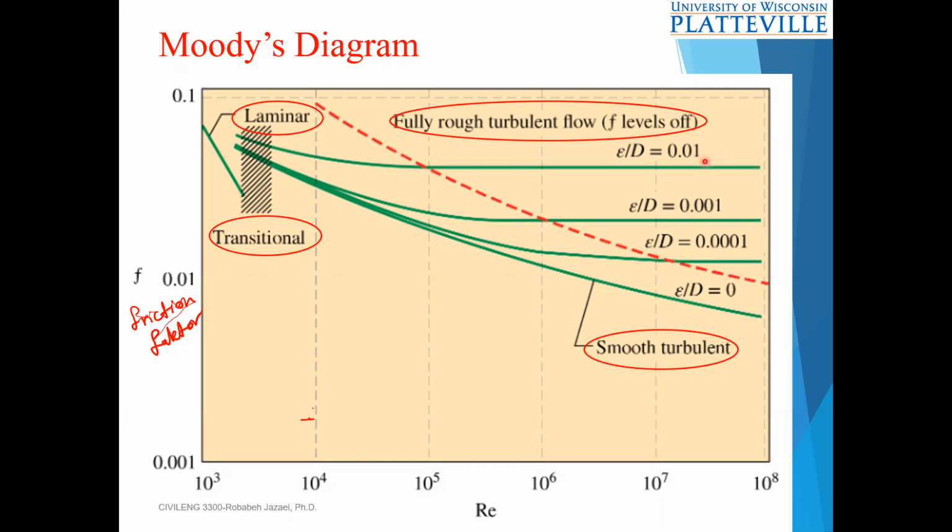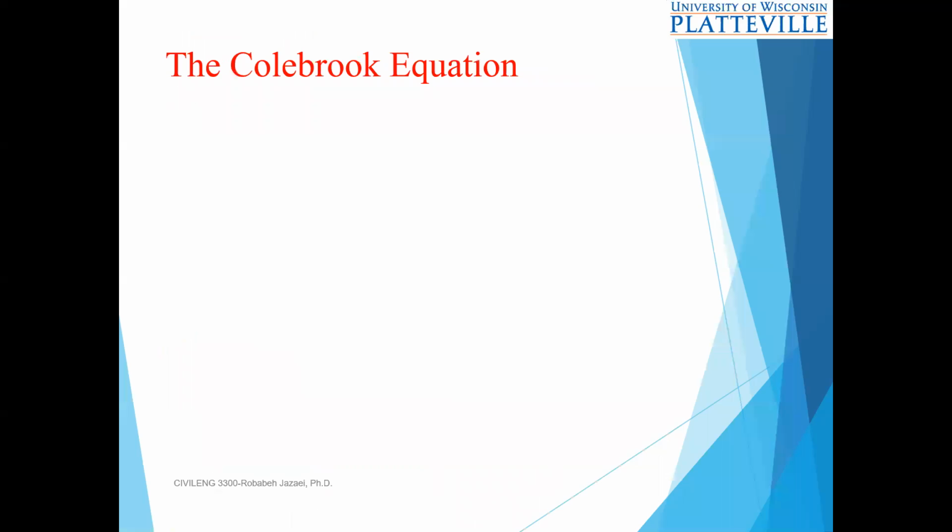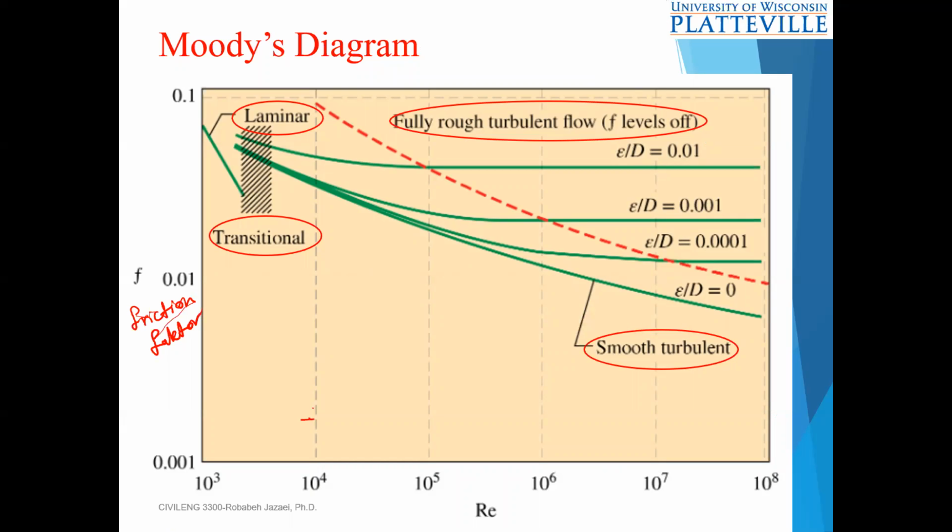And over here, you can see different relative roughness. So first of all, we need to find Reynolds number. Then after we find Reynolds number, we can find relative roughness and then read friction factor. You can see a line here.